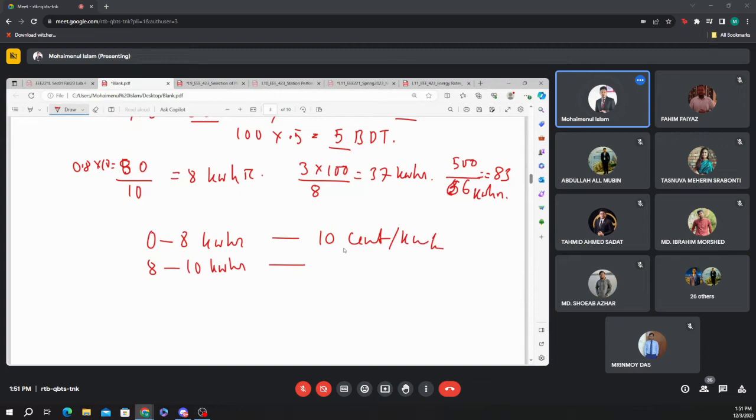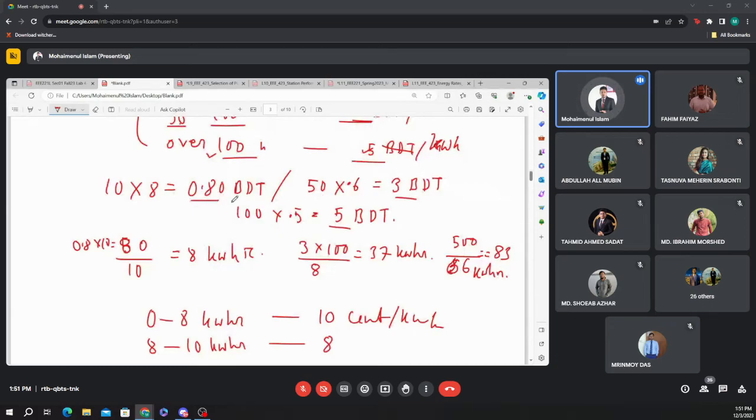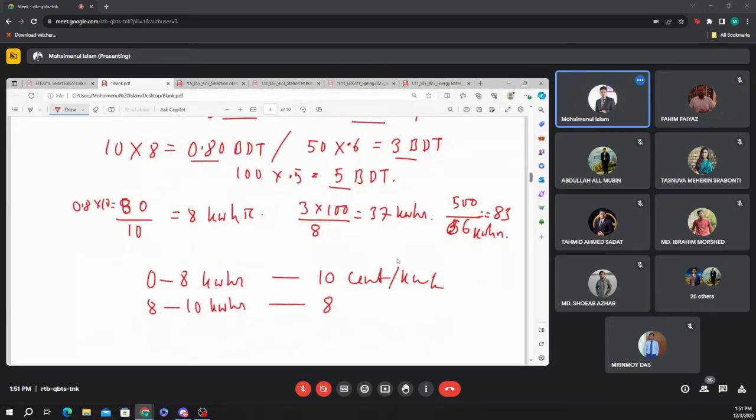Now it is, we can say, 80 cents, right? It is 80 cents, 0.80 BDT. Now for 10 to 37, that particular is 8 cent.